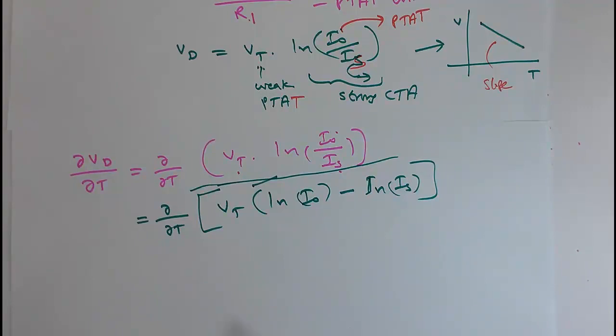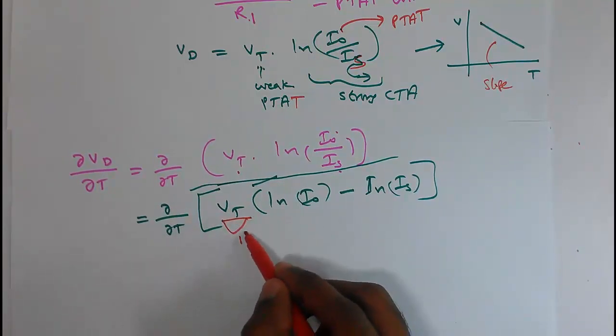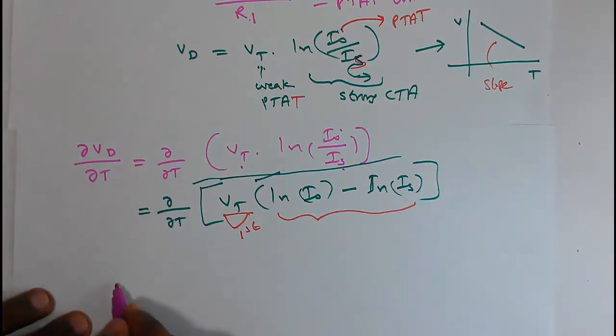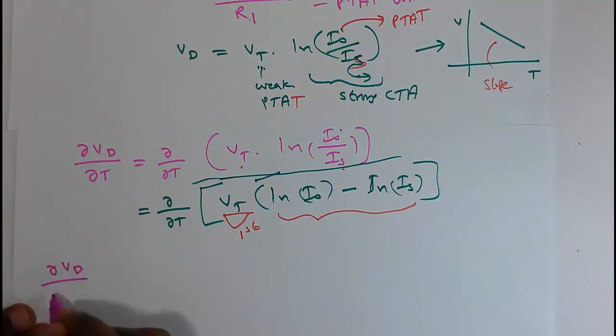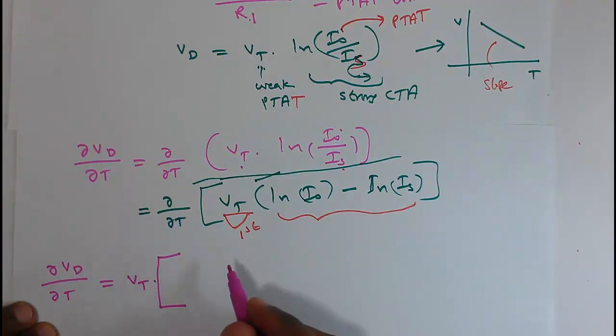So again, it is a product rule. The first term is Vt, and this is the second term. The rule that we follow is first term into derivative of second plus second term into derivative of first. So we can write ∂Vd/∂t equals first term Vt into derivative of second term, which is 1/I0 into ∂I0/∂t.